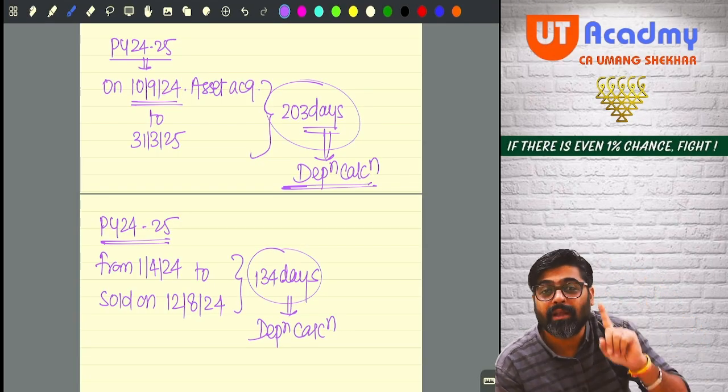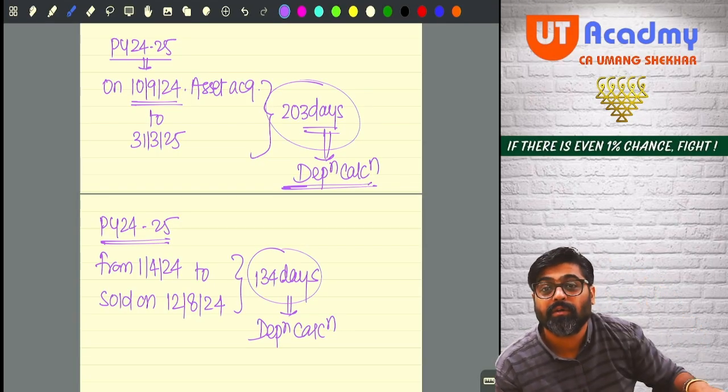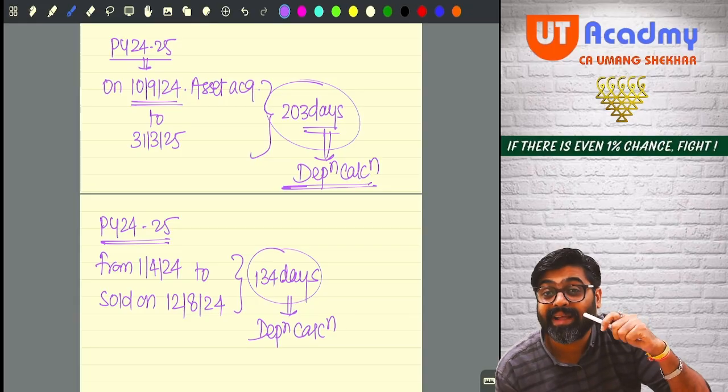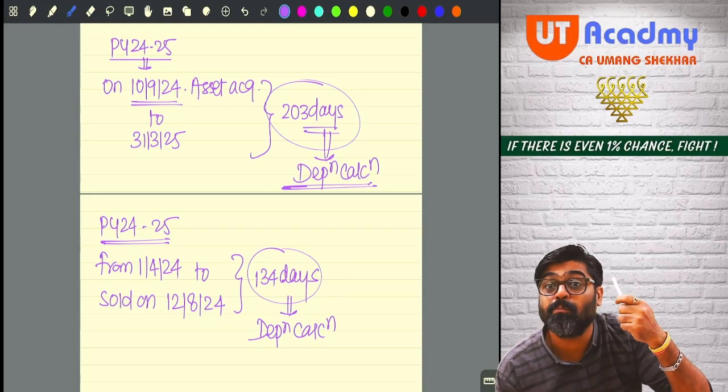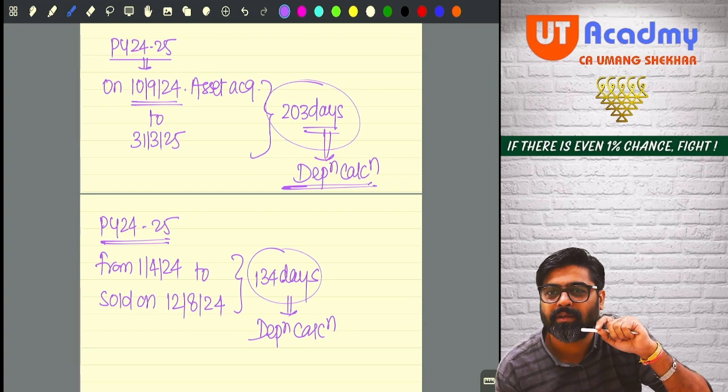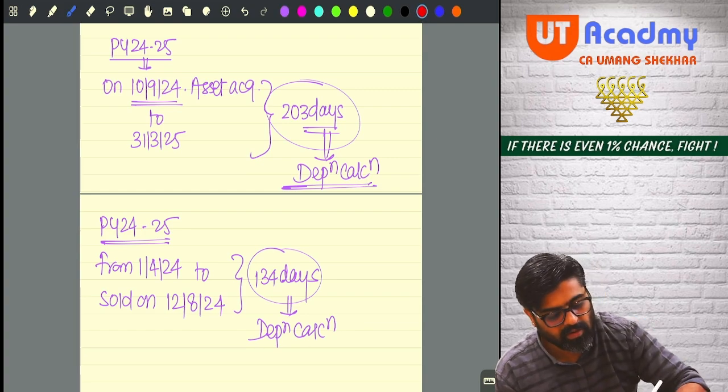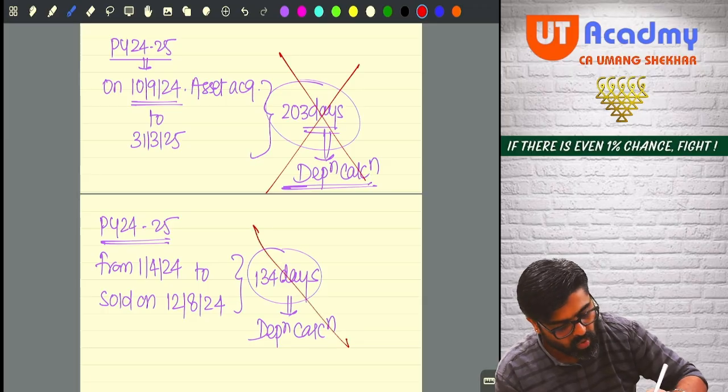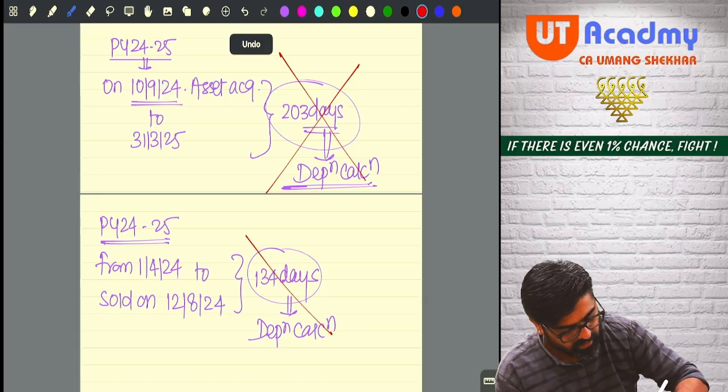Whenever you calculate depreciation, what did I say? Whenever you compute the amount of depreciation, the calculation will not happen for number of days. No, no, no. Never.